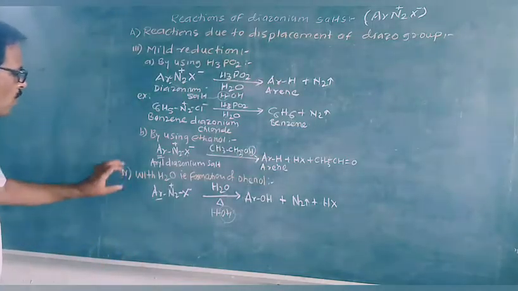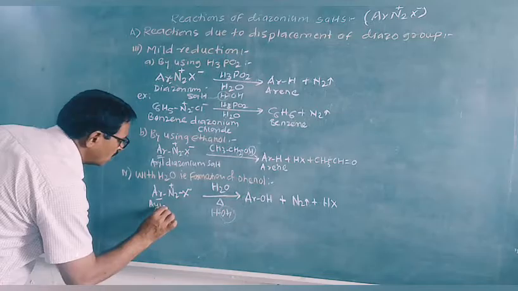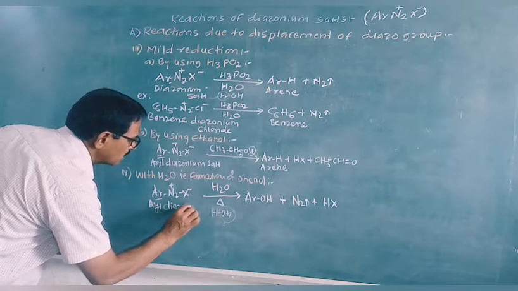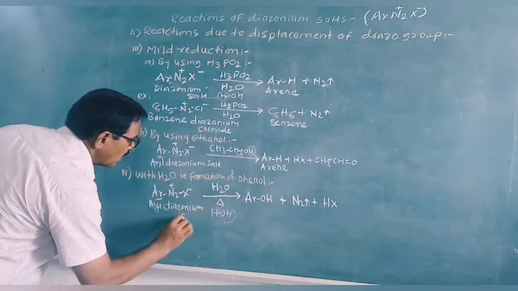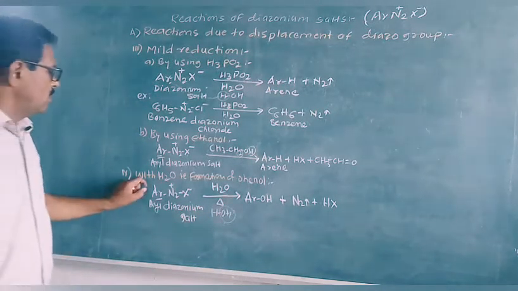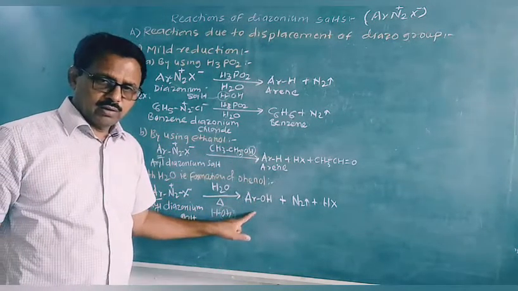In this way, how will you convert arene diazonium salts into aromatic phenols, benzene diazonium chloride into phenol?